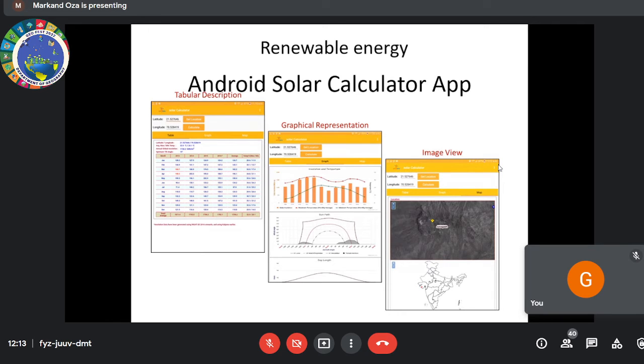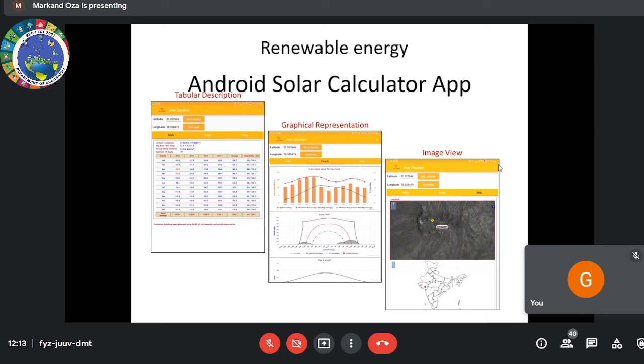For that, a solar calculator has been prepared, and what it does is, it's a mobile device, so wherever you go and click, it will note the latitude, longitude, and give month-wise as well as annual minimum, maximum incoming solar radiation as well as temperature.